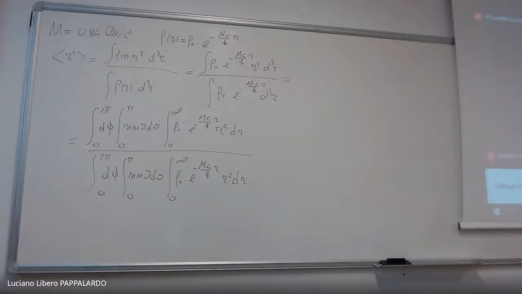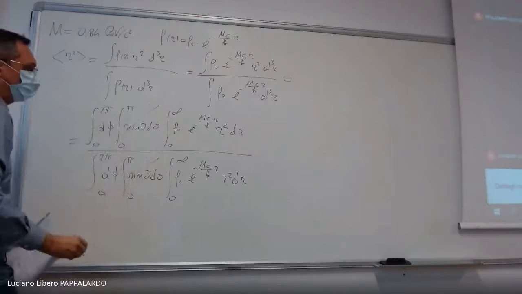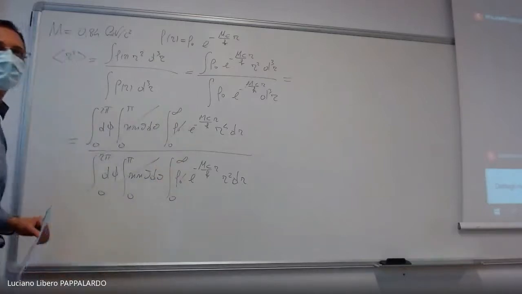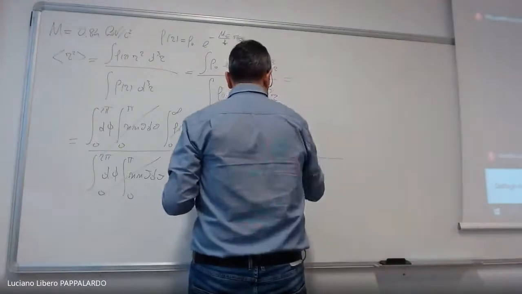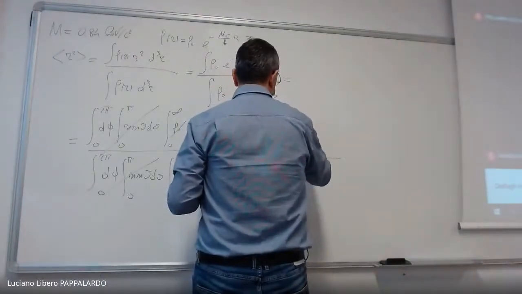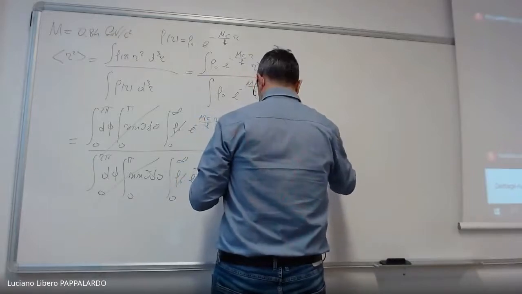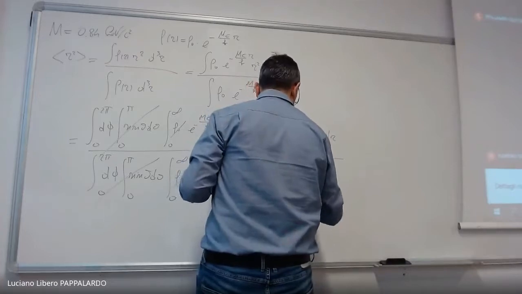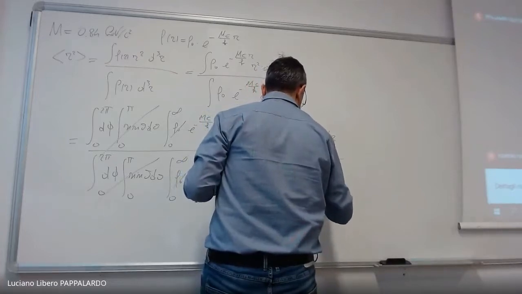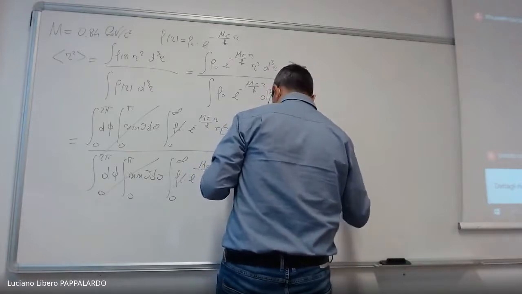Now we don't have any angular dependence in our charge distribution, so all this drops out, and also the constant drops out. So we are left with the integral from 0 to infinity of e to the minus mc over h bar r, times r to the 4, dr, divided by the integral from 0 to infinity of e to the minus mc over h bar r, times r to the second power, dr.